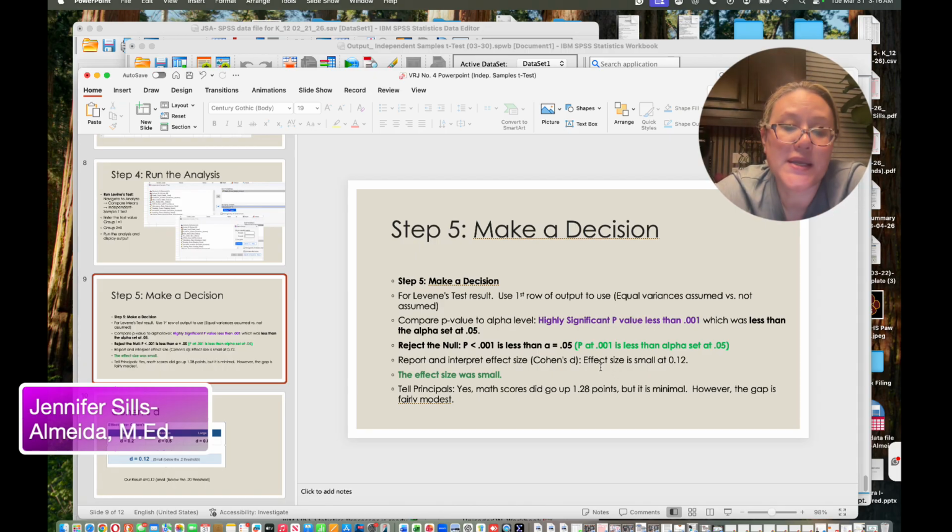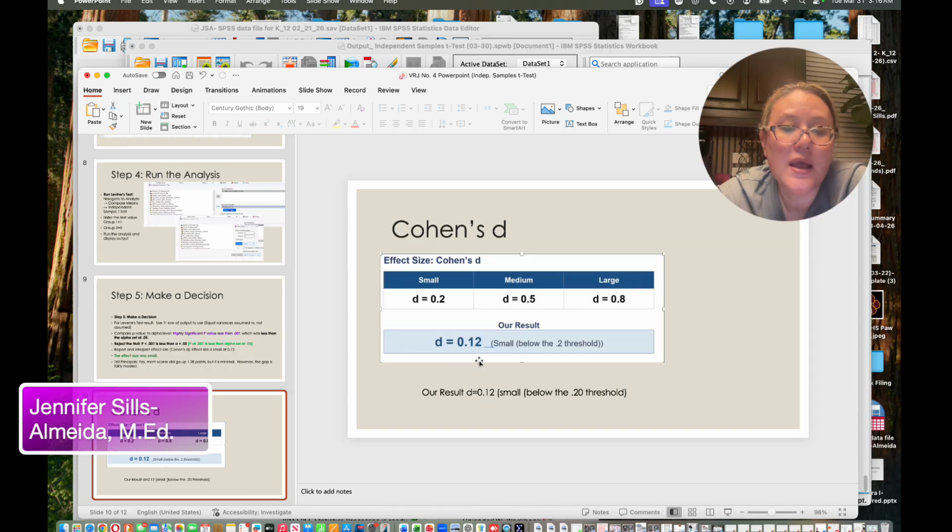Is it large? What size is it? When we calculated Cohen's d, it was very, very small, saying the effect on the scores and what the students are doing is small. It is at 0.12, which was small, really below the threshold of 0.20.